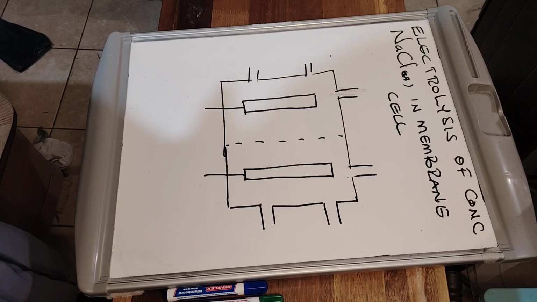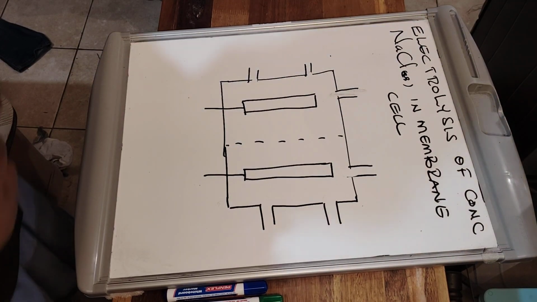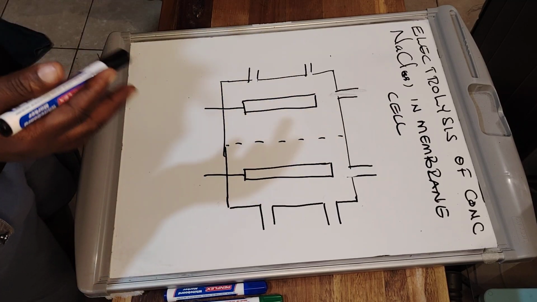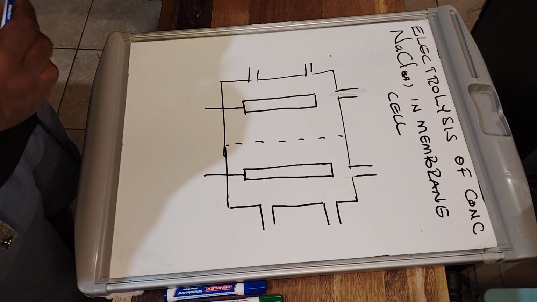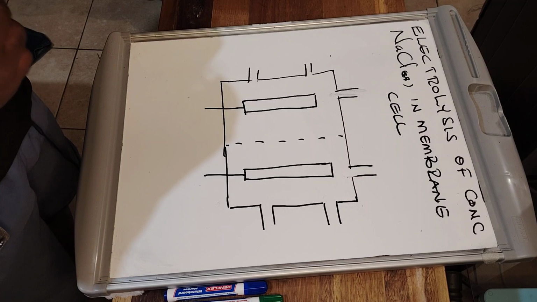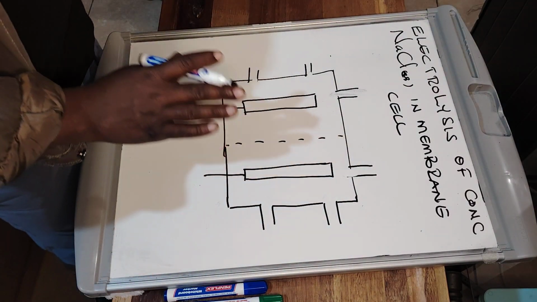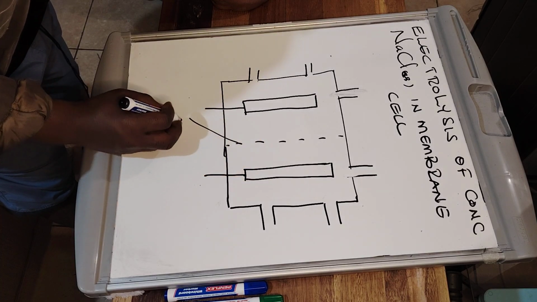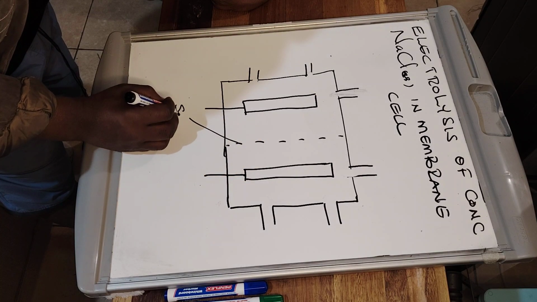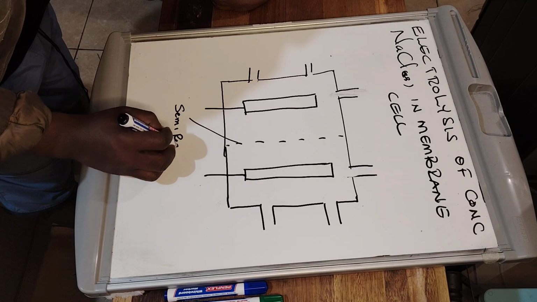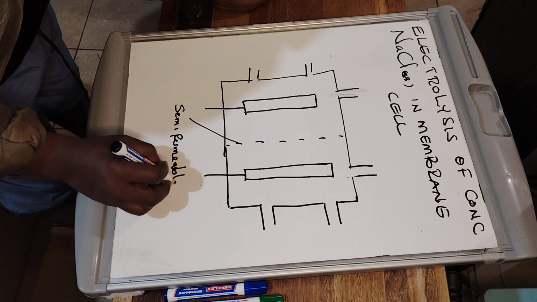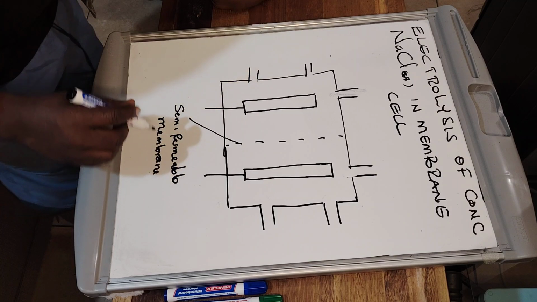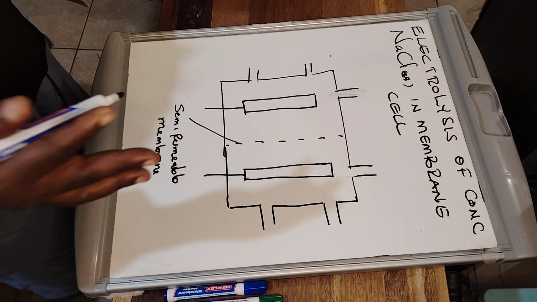Now we conclude electrolysis of concentrated sodium chloride by observing how it behaves in a membrane cell. This setup here depicts a membrane cell. What you have between the 2 half cells is a semi-permeable membrane, meaning that it allows some material to go through and restricts others.